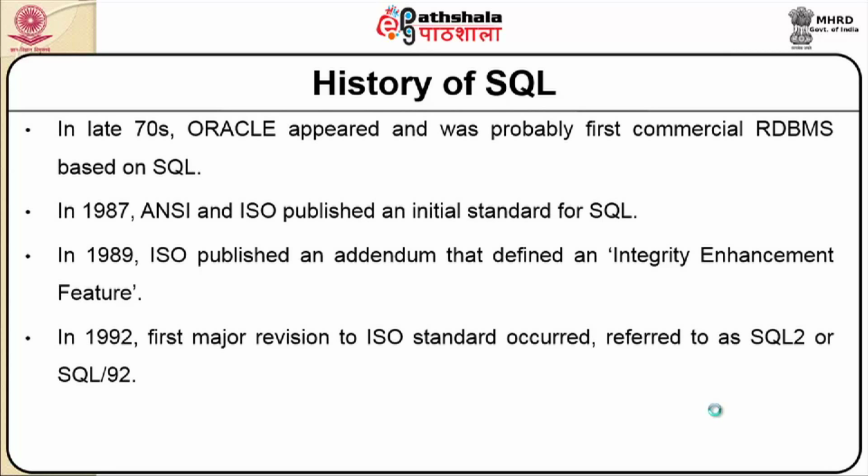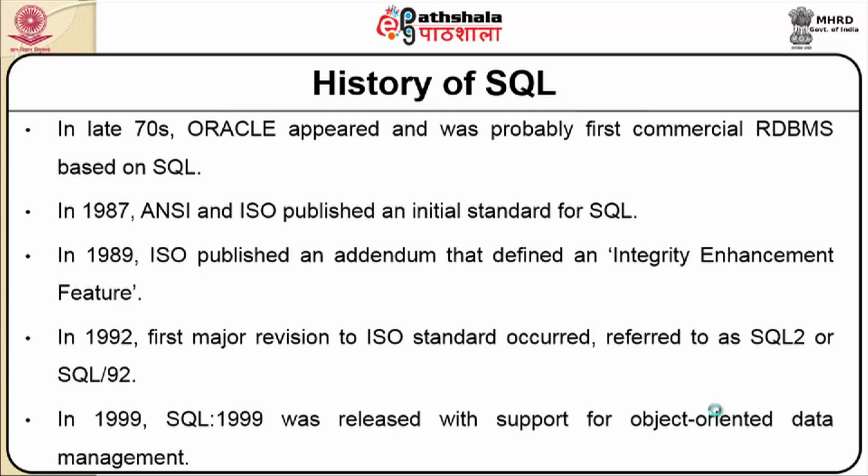In 1992, the first major revision to the ISO standard occurred, which was referred to as SQL 2 or SQL-92, since it appeared in the year 1992. In 1999, SQL:1999 was released with support for object-oriented data management.